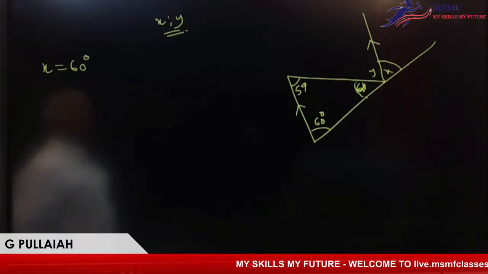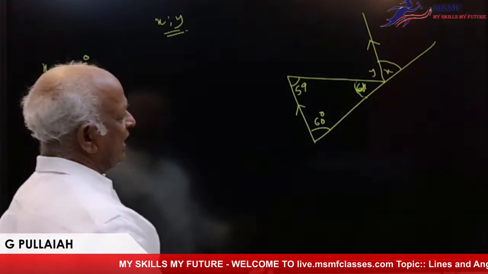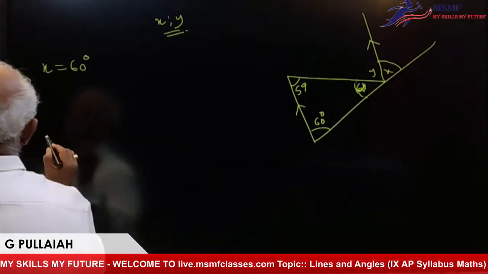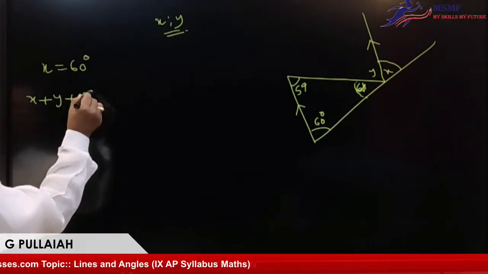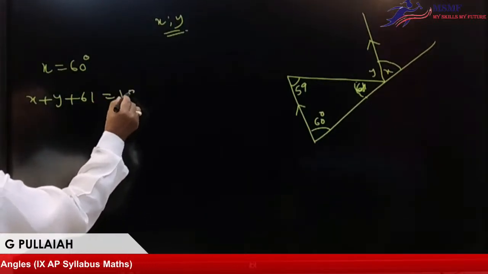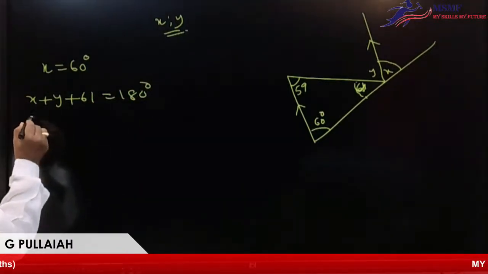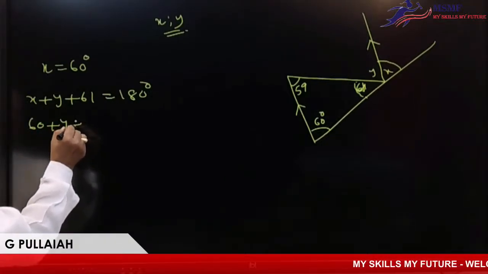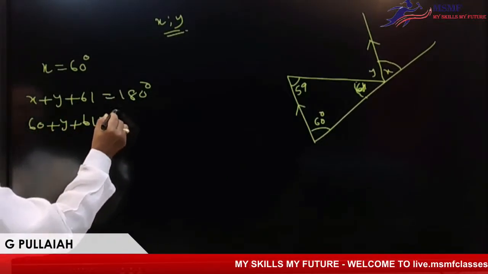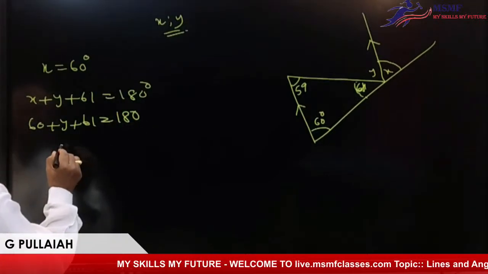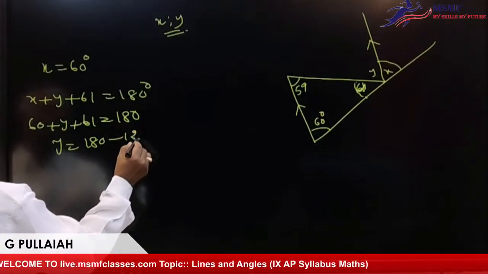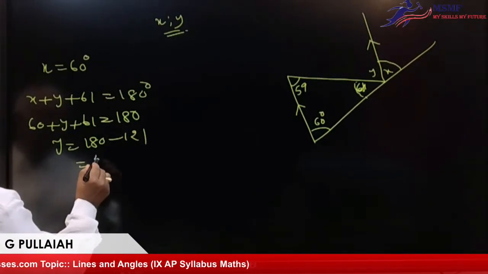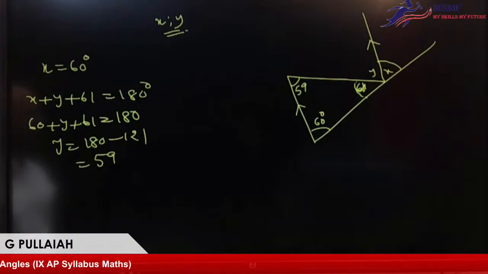Total is 120 degrees. So x plus y plus 61 is equal to 180 degrees. Here x is 60, so 60 plus y plus 61 is equal to 180. Therefore y is equal to 180 minus 121, which is 59. I hope that you followed this.